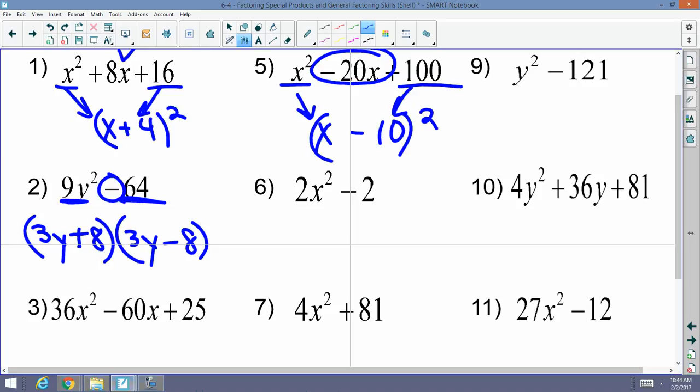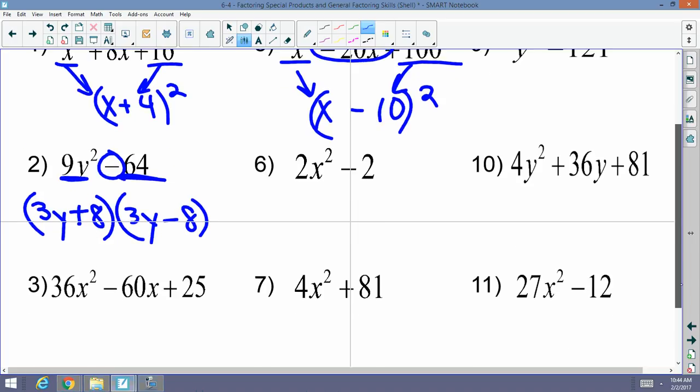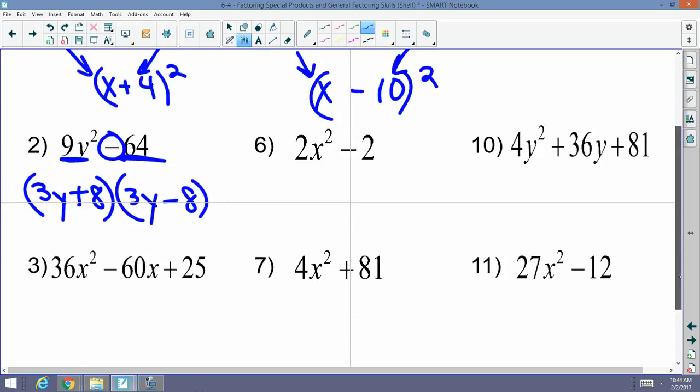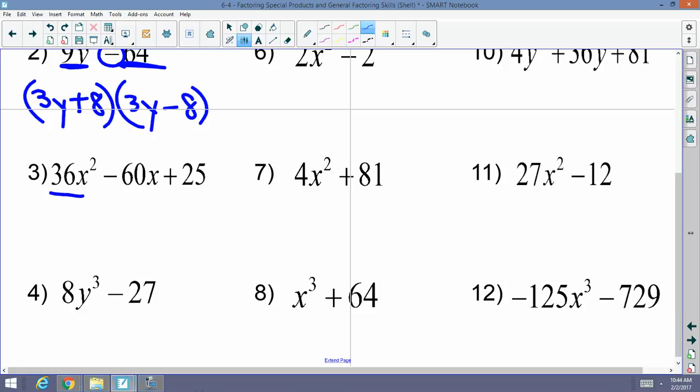Okay, number 3. Is this a perfect square? Hold on. Got a little screen problem here. Is that a perfect square? What's the square root? No, it's not 6. 6x. Is that a perfect square? Yes, it's 5.